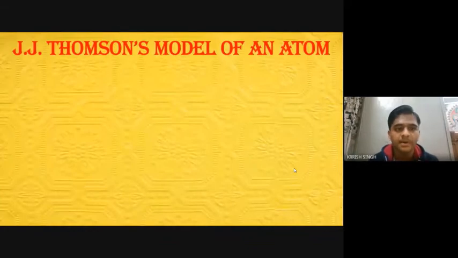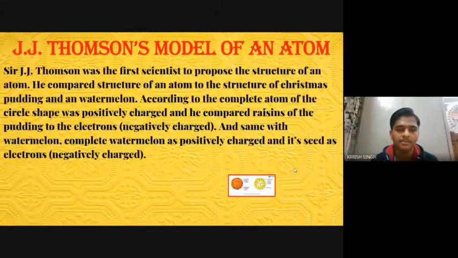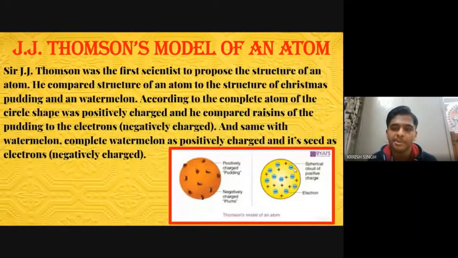First, let's study J.J. Thomson's model of an atom. J.J. Thomson was the first scientist to propose the structure of an atom. He compared the structure of an atom to a Christmas pudding and a watermelon. According to him, the complete circular atom was positively charged, and he compared the raisins of the pudding to the electrons, which were negatively charged.